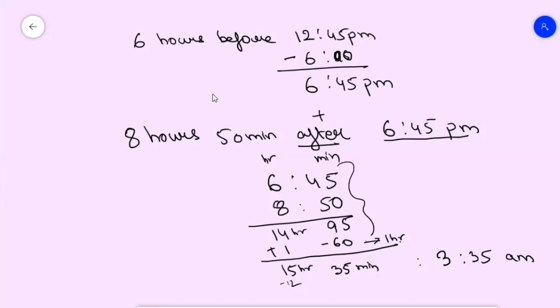So at 6:45 you are in p.m., and after 8 hours 50 minutes your time will be a.m. Whenever you can't do simple addition, you have to remember that it will change from p.m. to a.m. Suppose for the same sum, if I tell you 6:45 p.m. is given, after 2 hours how much?